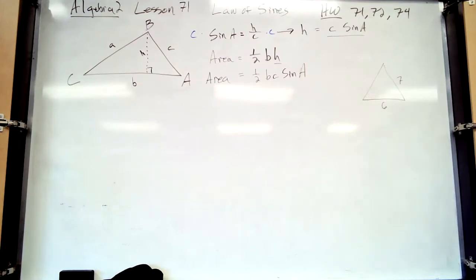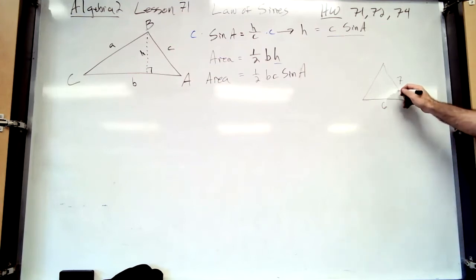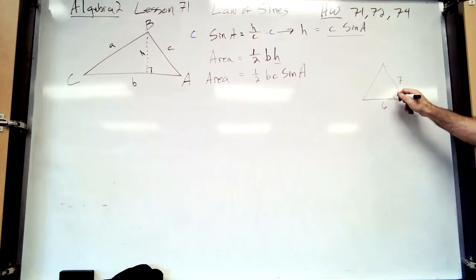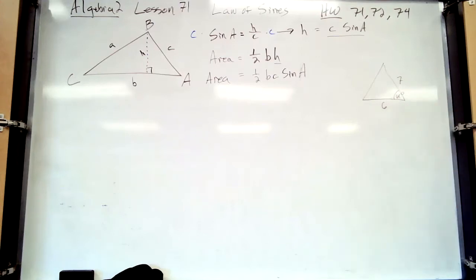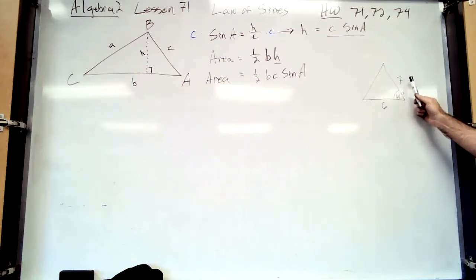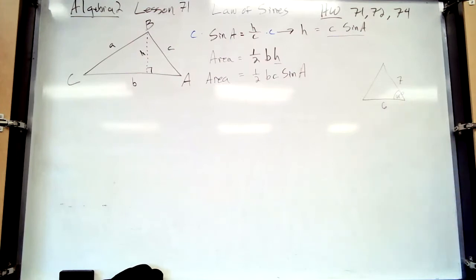But now we can do this where if we're given this angle here, let's say that's 61 degrees, I can find the area of that triangle even though I don't know the height, okay? So it's just 1/2 B, so 3 times 7 times whatever the sine of 61 is, which is a constant number on your calculator. You can figure that out. Okay?